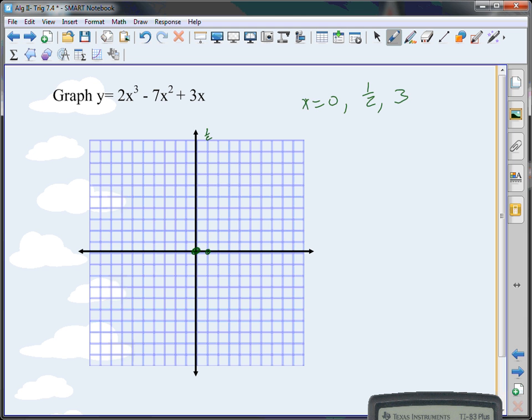So I have 1 here, and 1, 2, 3. I have 3 zeros. Why did I count by half? So that way it wasn't all squished together. So I have 3 zeros on my graph.